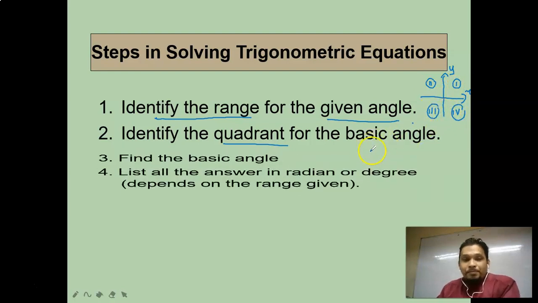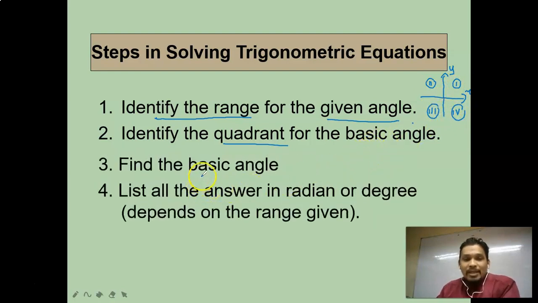Then let's find the basic angle. The basic angle means that theta lies in between 0 to 90 degrees. And list all the answers in radian or degree depending on the range given.